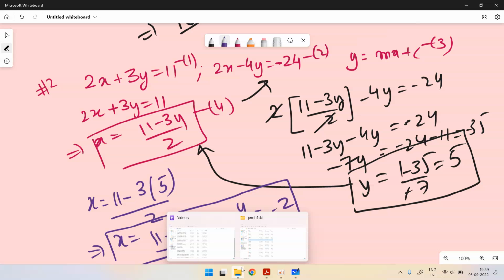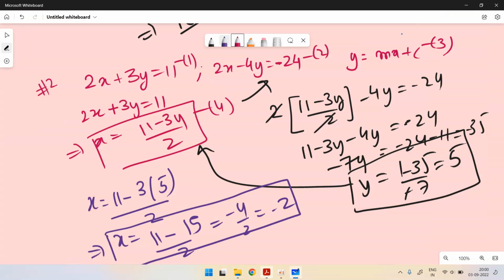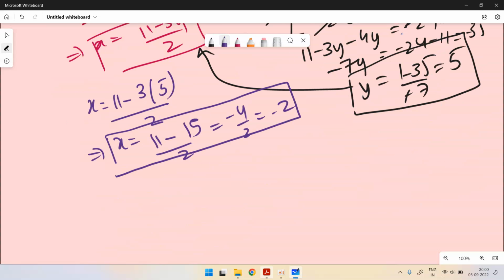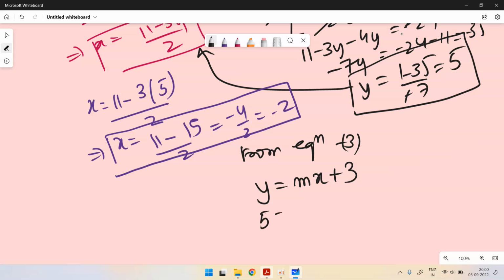Now in the question you need to find the value of m. Sorry, this is not c, it is 3. Now from equation 3, it is given that y equal to mx plus 3. Now we know the value of x, which is minus 2, and the value of y is 5. So 5 equal to m into minus 2 plus 3.